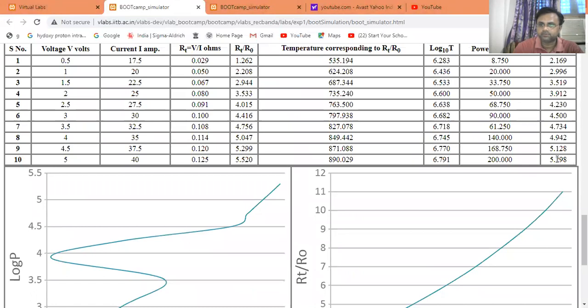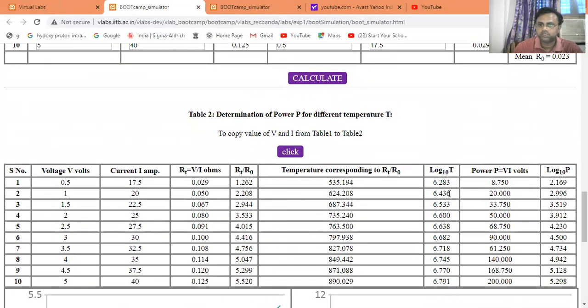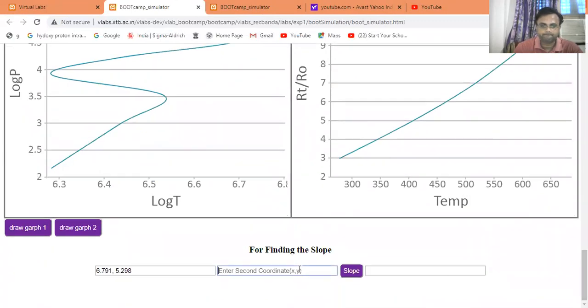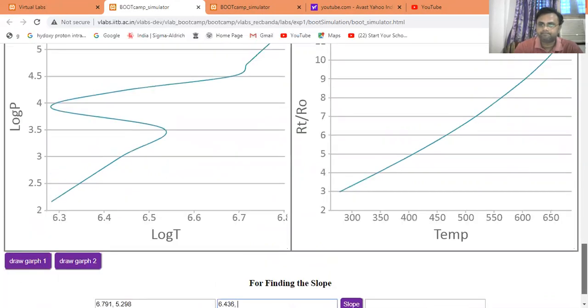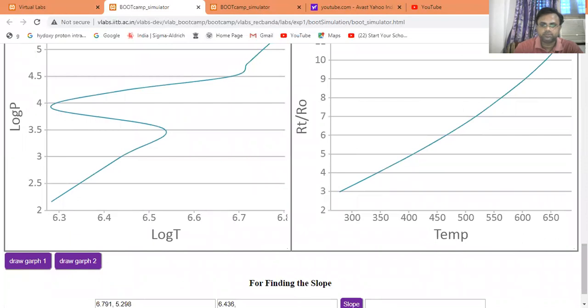And it is 5.28. Now the second coordinate we have to take, suppose this one.